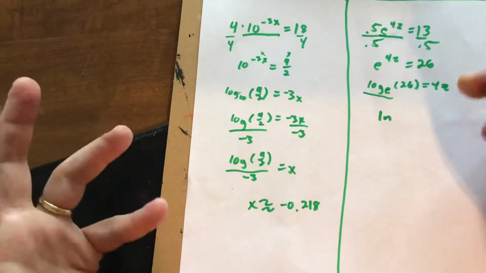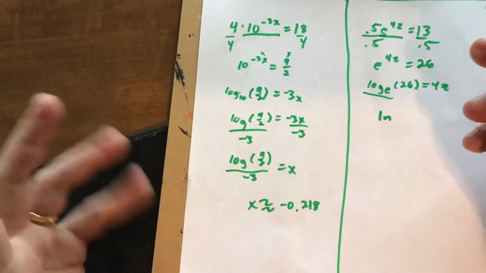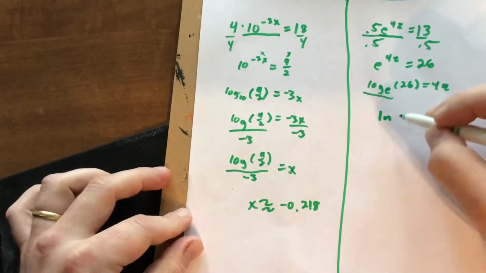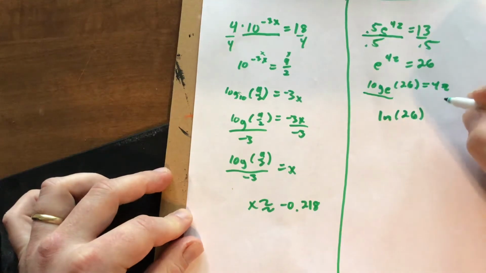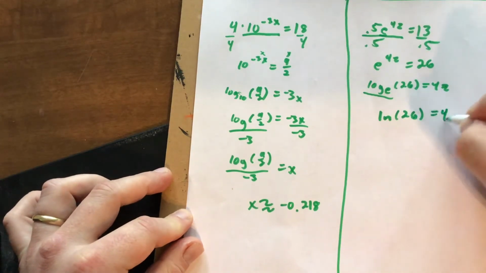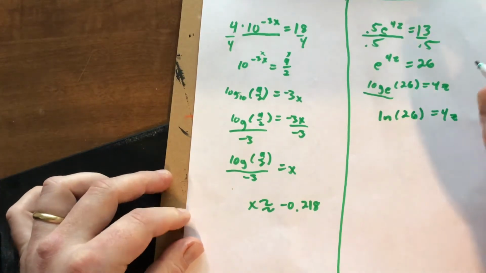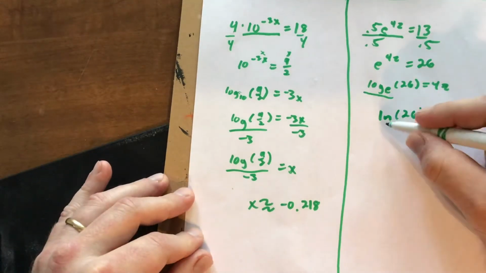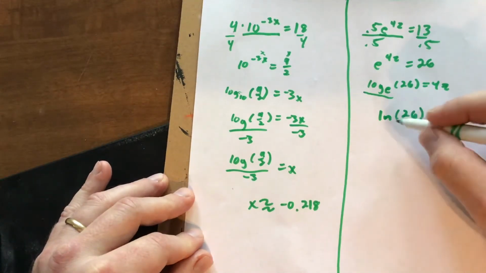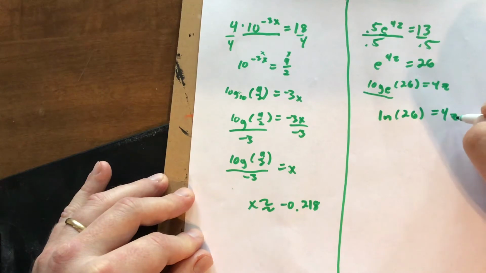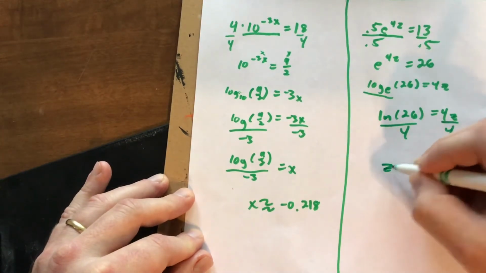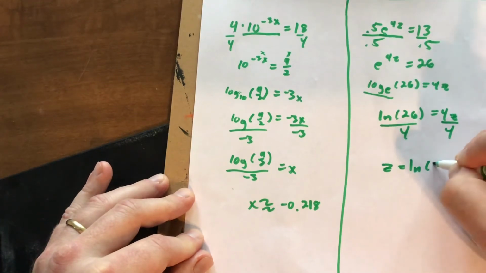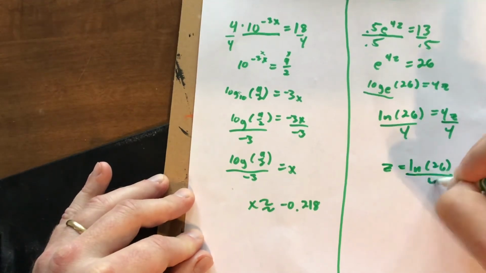A lot of things grow continually, things in nature, so we use this a lot. So I've got the natural log of 26 equals 4z. Again, I want to do this exactly first, so we're going to leave this alone. This is technically some sort of number or a decimal. We just have to get rid of the 4 in front of the z. So divide by 4. So z is equal to the natural log of 26 all over 4.